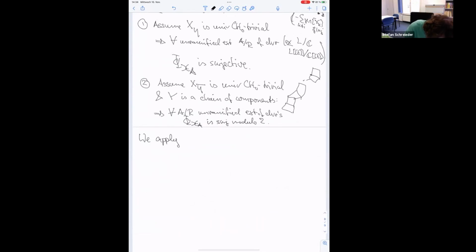So we apply 2 of the theorem to a degeneration similar to Nikkei's to get the following theorem.